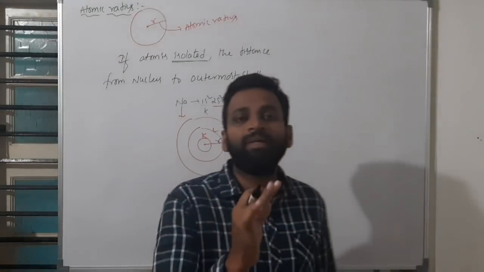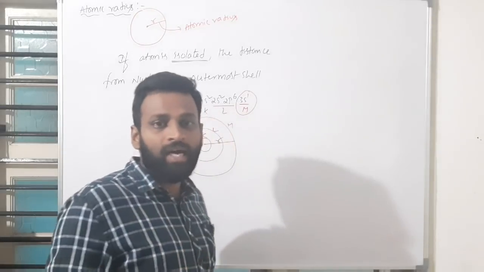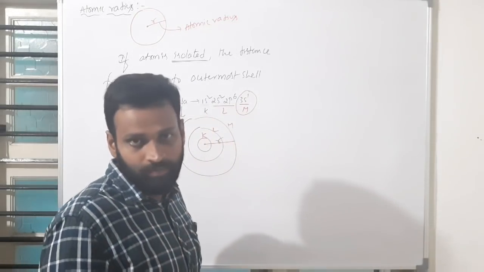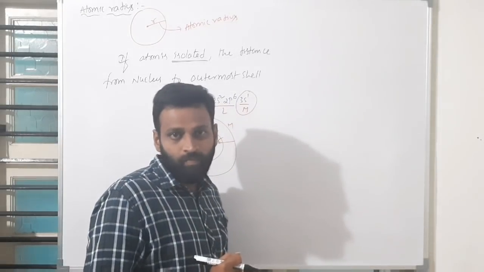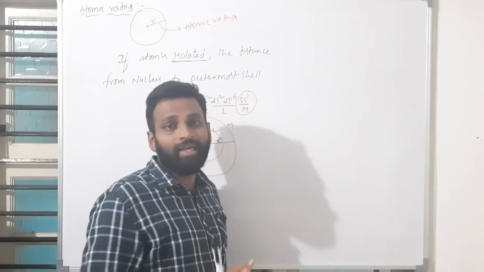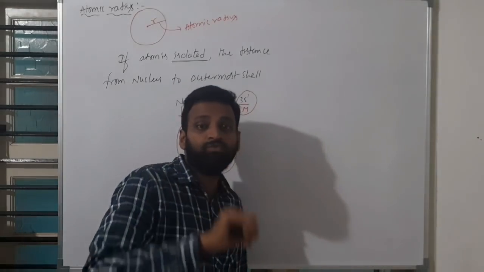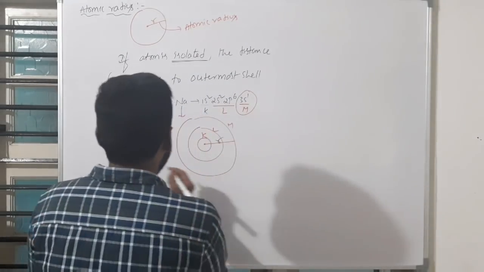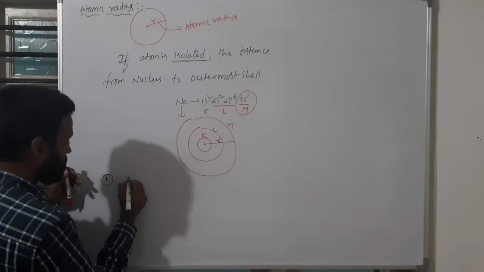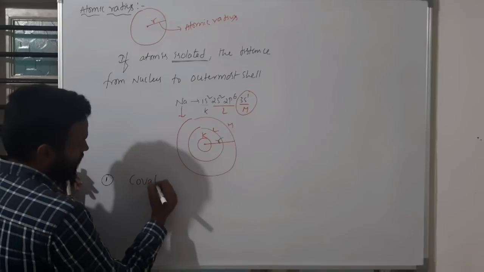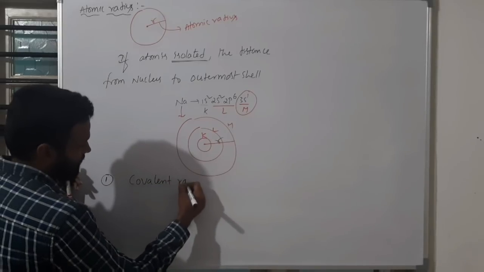So, no atom is isolated. Atoms are in certain chemical bond. So, based on chemical bond, the atomic radius is classified as four kinds. First one we have to understand is covalent radius.